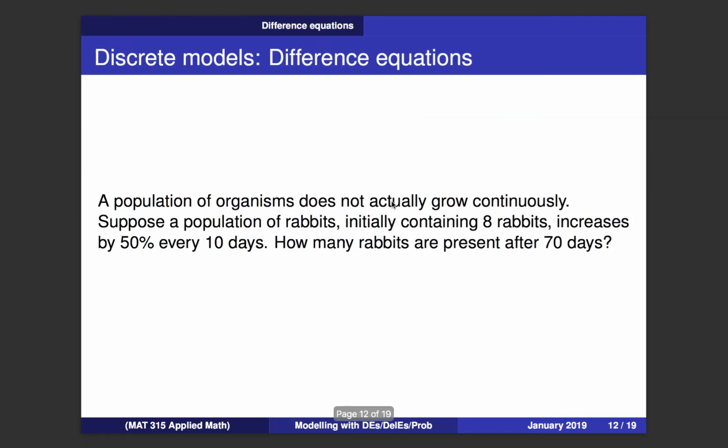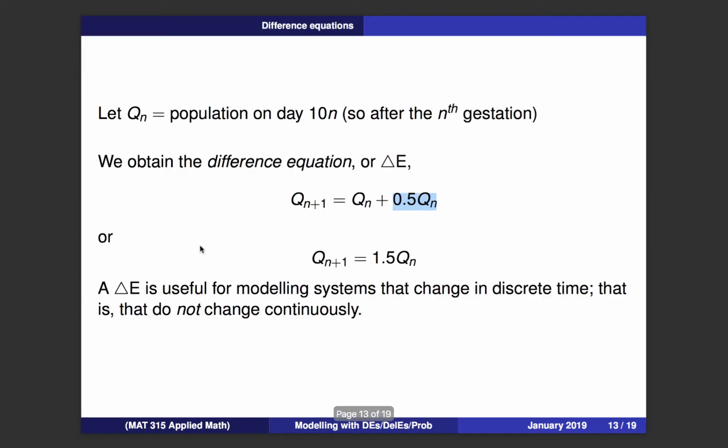So remember, we had the population increases by 50% every 10 days. So this is similar to the situation when you have bank interest that's compounded monthly rather than continuously or yearly. Okay, so on the n plus first stage, you have what you had last stage plus 50% more.